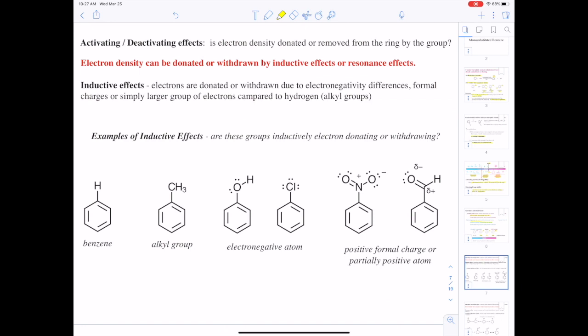There are two ways in which electron density can be donated or withdrawn. They are inductive effects and resonance effects. For inductive effects, we're comparing to benzene, where every carbon has a hydrogen. Alkyl groups are inductively electron donating, and we saw that with carbocations when we did alkene addition reactions.